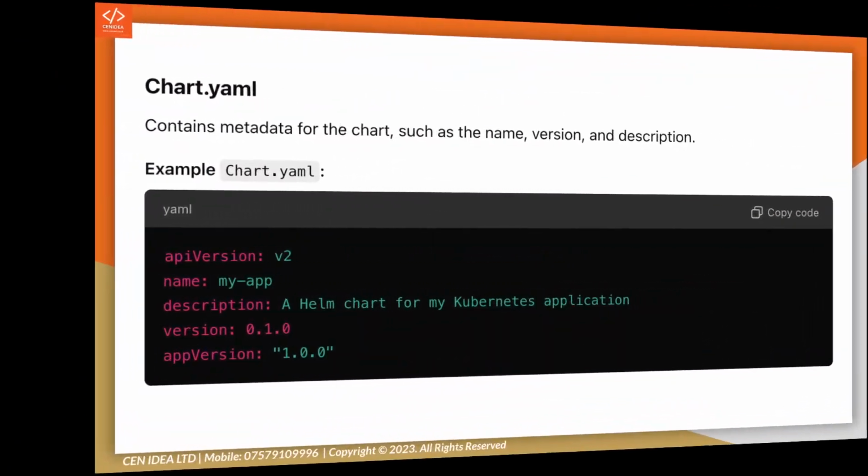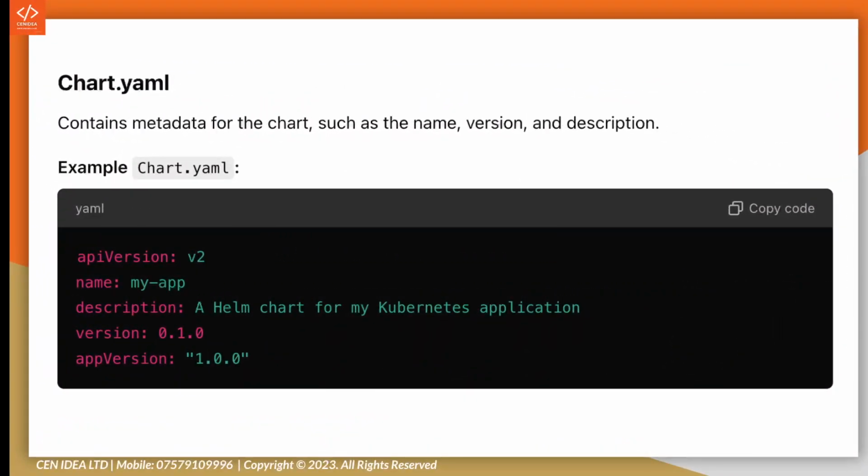Okay, let's see an example of chart.yaml. Let's start with the chart.yaml, the previous one we just talked about. The chart.yaml would look like this typically. It would say apiVersion v2, the name, which is whatever chart you created, and you can change the description as well.